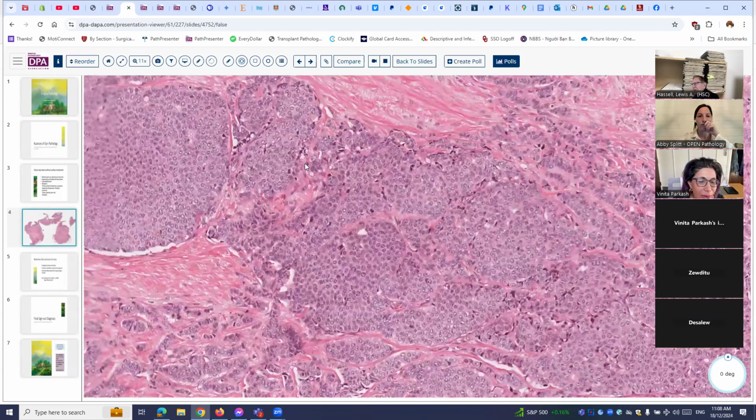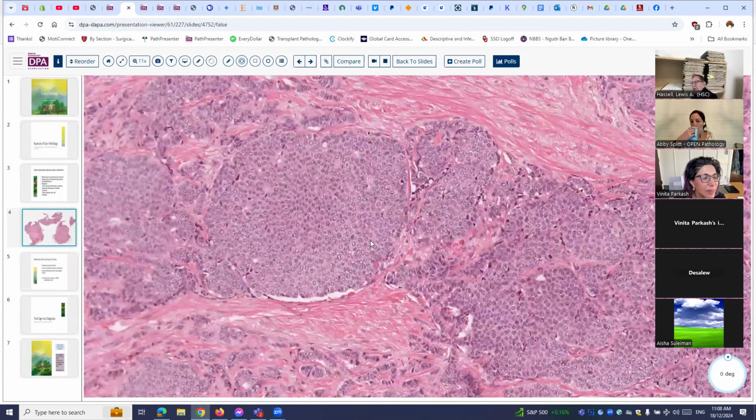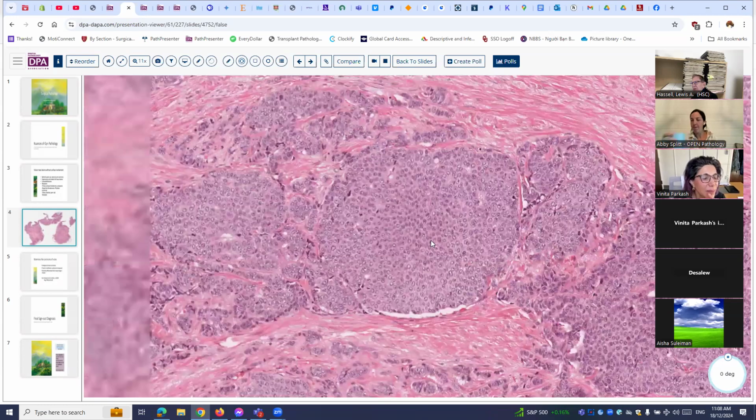Louis, I'm sorry, what organ system did you say this was? Oh, this is from the vulva. Okay. The vulvar mass in an adult woman. I don't remember the exact age.